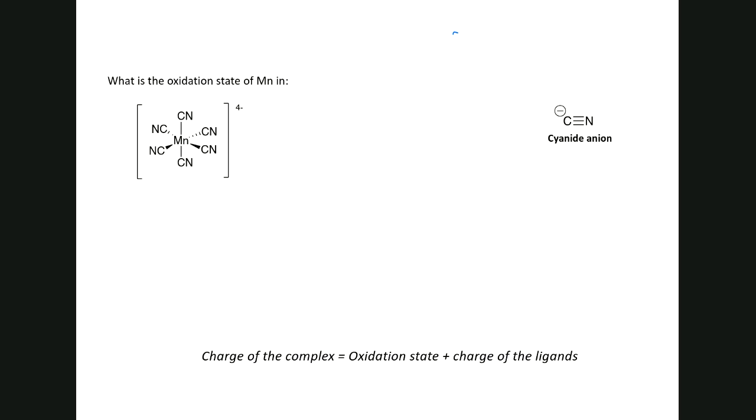All right, so let's try that out then. Using this equation at the bottom, the charge of the complex we know is -4. So -4 is equal to the oxidation state of the metal, which we don't know, so we'll just put manganese for now, plus the charge of the ligand. As we said before, cyanide is a -1 anion, and there are 6 of those.